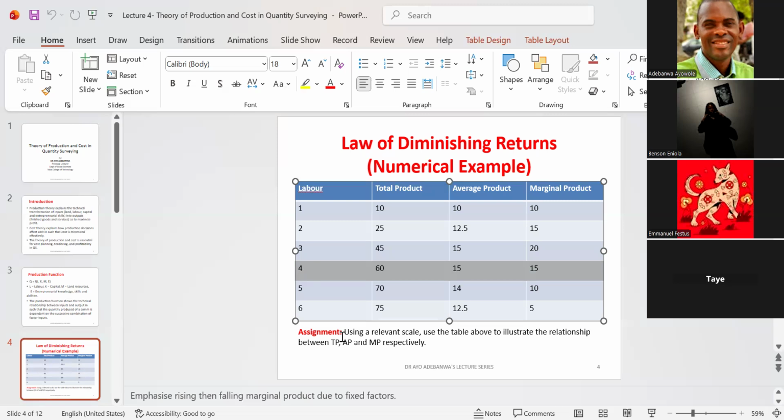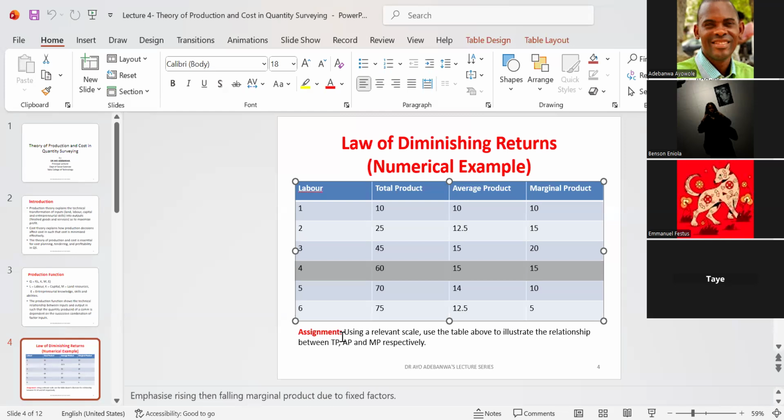So you have an assignment here on this slide. Using a relevant scale, use the table to illustrate the relationship between total product, average product, and marginal product. What I expect you to do is draw a graph and put the labor as your x-axis, then put the total product, average product, and marginal product as your y-axis.